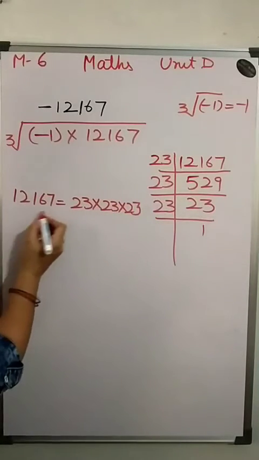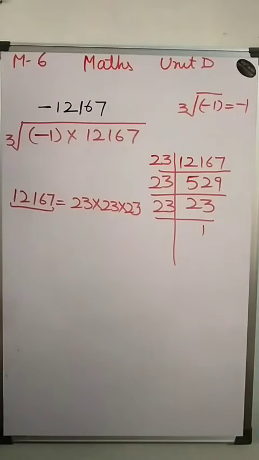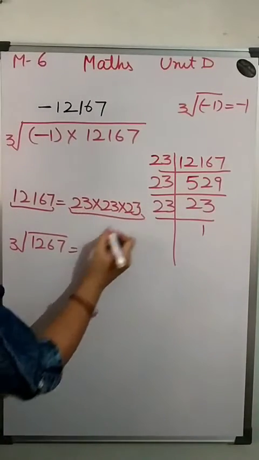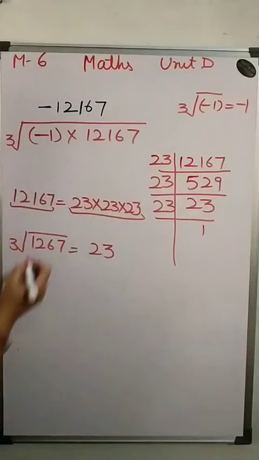Whenever we are calculating its cube root, we write only one number out of these numbers.